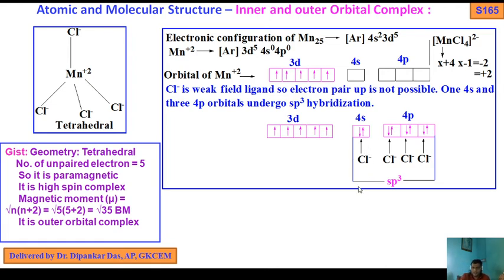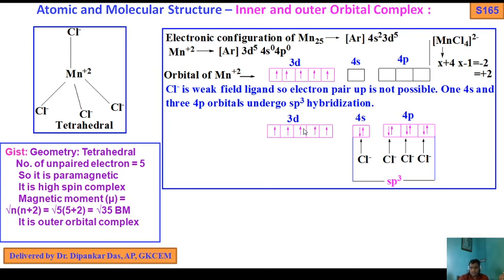So in this hybridization, one s and three p orbitals are involved. So it is sp3 hybridization, that is tetrahedral geometry.